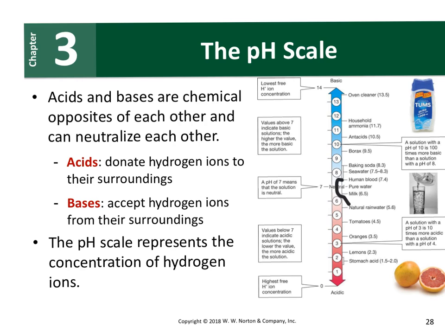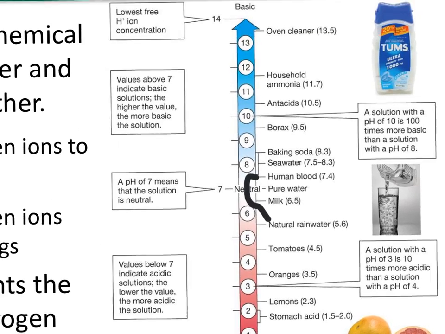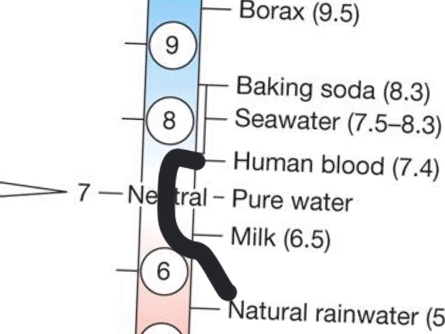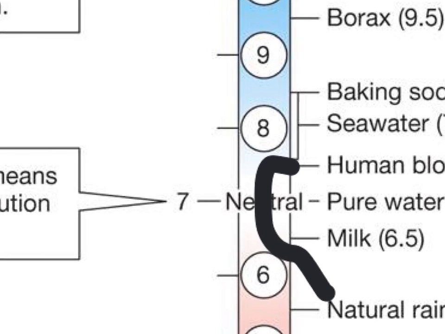And bases accept hydrogen ions from their surroundings. So the pH scale represents the concentration of hydrogen ions. And human blood, as you can see, has a pH of about 7.4. Neutral is 7.